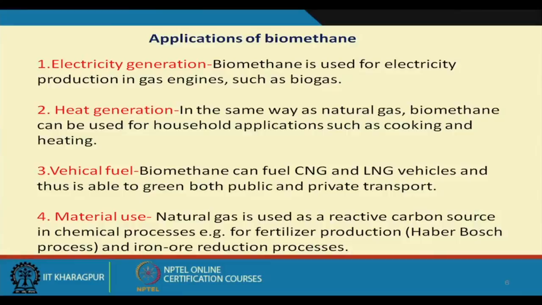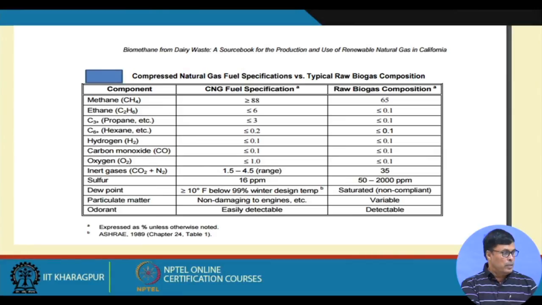So biomethane has tremendous potential in the market. Now, this is a table which compares CNG and raw biogas. You can find out how they are comparable with each other, so that is how biogas plays a very important role in the world market.